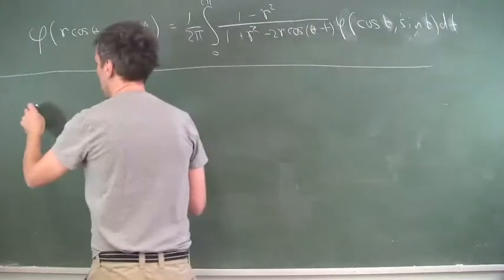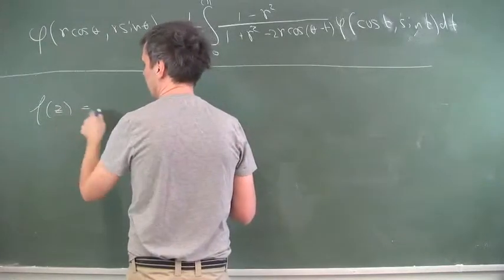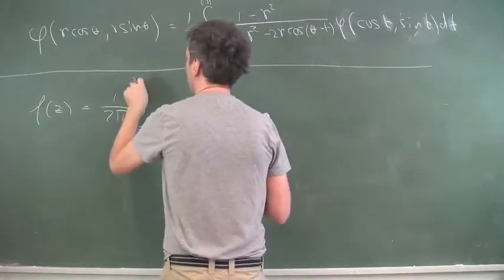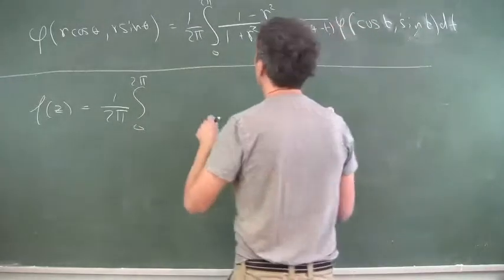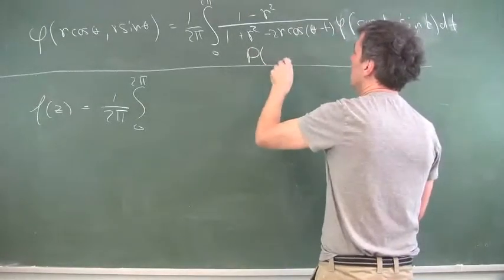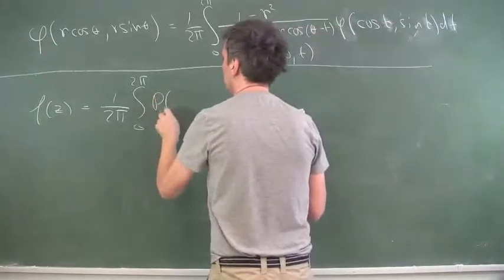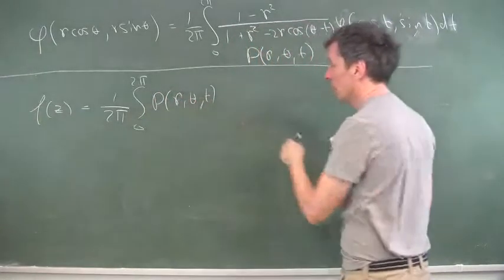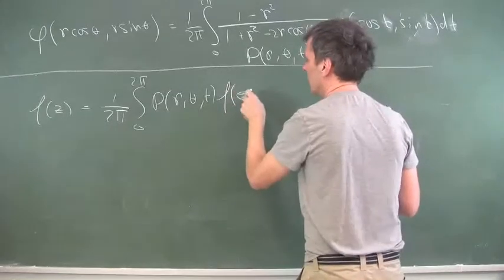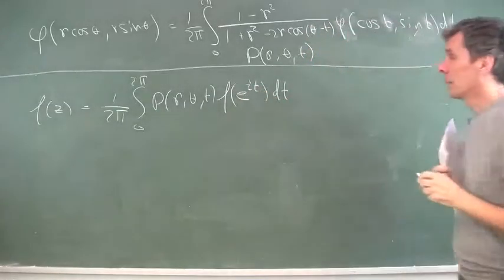If you prefer the complex notation, then you can write this analytic function as 1 over 2 pi times the integral from 0 to 2 pi of this function, which we can call P of r, theta and t, which is called the Poisson kernel, times f of e to the it, dt, like this.